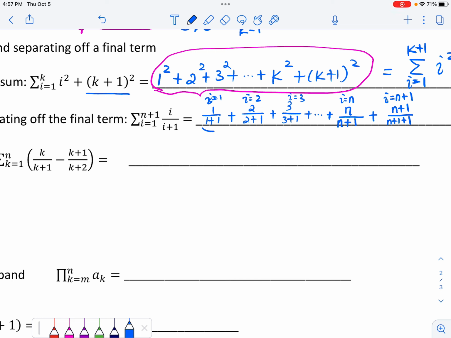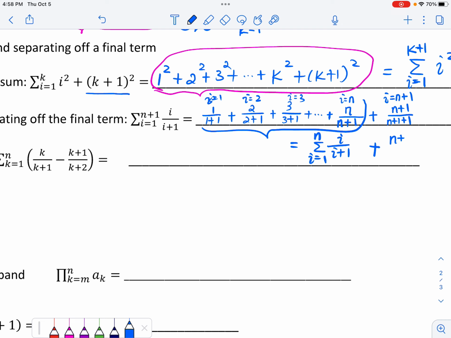So now all these I can write as one single summation notation: the summation of i from 1 to n, because n is the last one I want to include, so that becomes my upper limit. This will be i over i plus 1, plus the very last one here, (n+1) over (n+2) if you simplify the bottom.